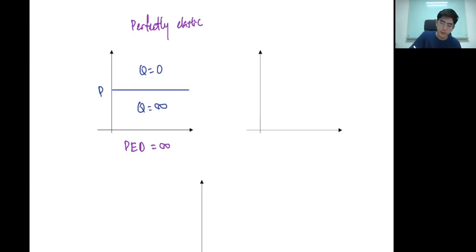Example, what kind of example can we give? The closest, guys, again and again, this one is a theoretical model. It's not real. The closest one that we can find is petrol. So petrol, they are almost the same, right? Homogeneous product. So you don't really care whether it's Petronas or maybe Shell, which one is better.